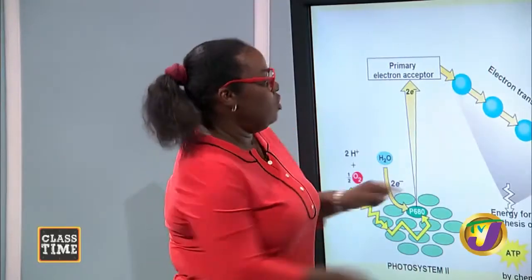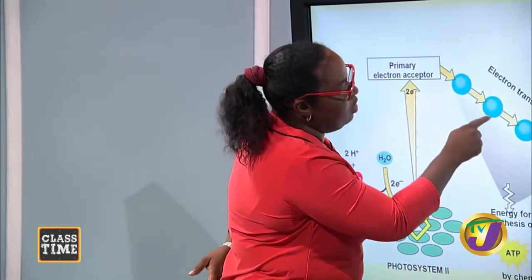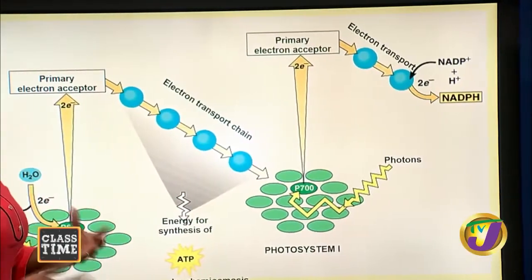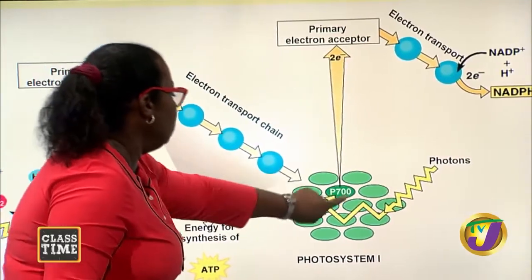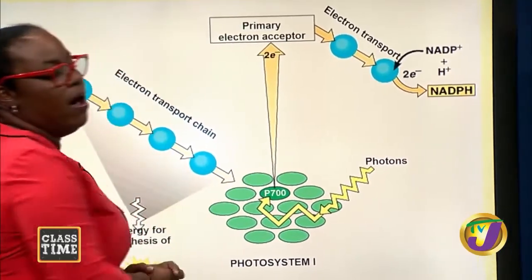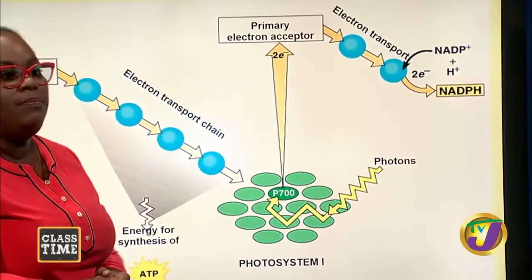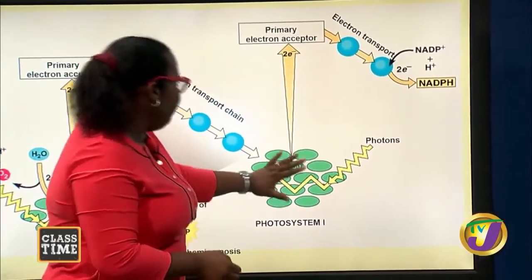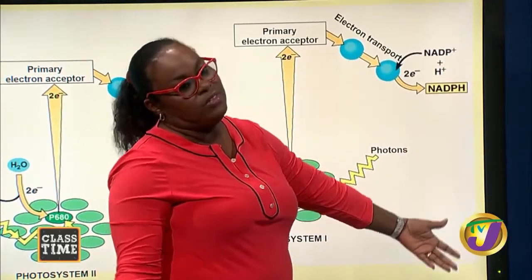Instead, those 2 electrons that came from P680 have been passed on from molecule to molecule to molecule and are now heading to P700, because they are attracted to P700, because P700 has lost its 2 electrons to the primary electron acceptor and now requires 2 electrons. So the 2 electrons coming from P680 eventually end up at P700. All right? And then, after this is satisfied, what happens here is that there's no photosystem 3.